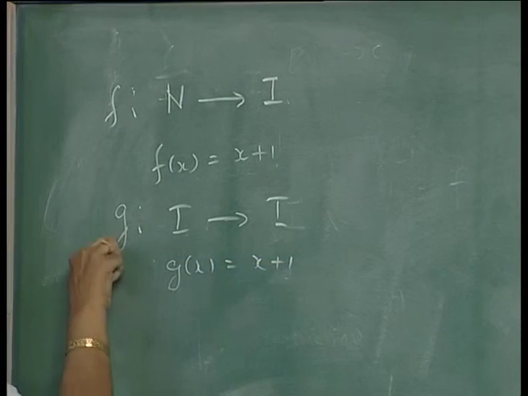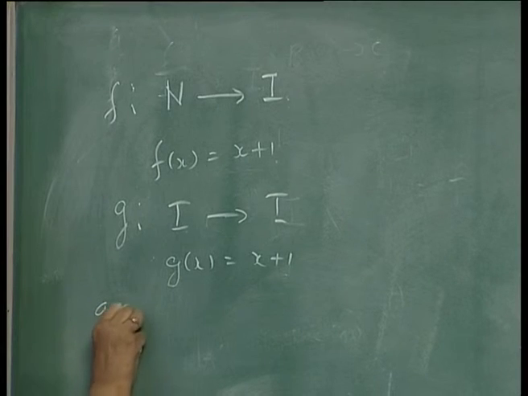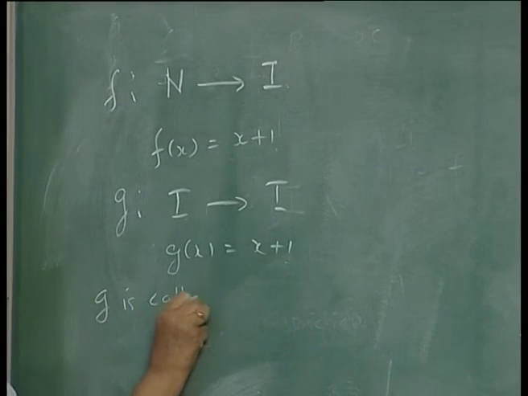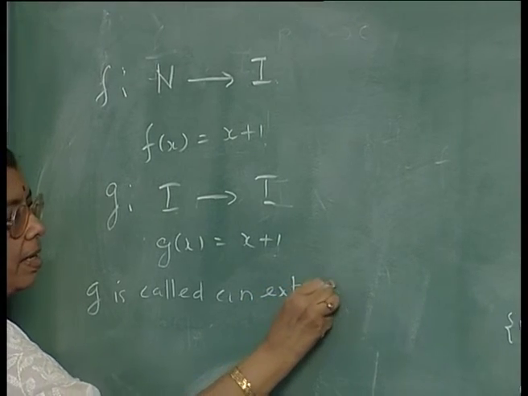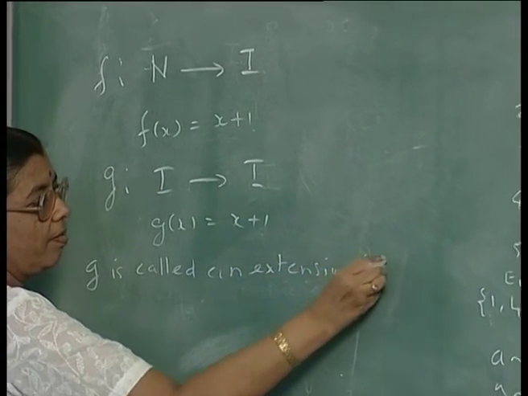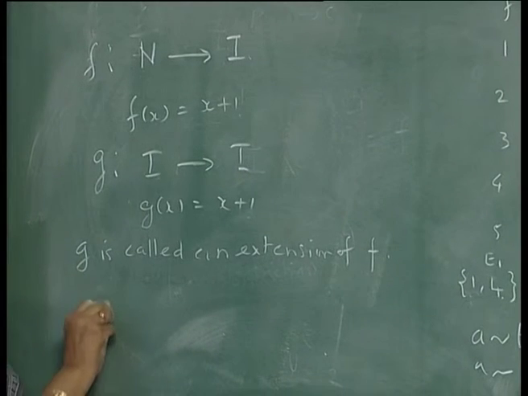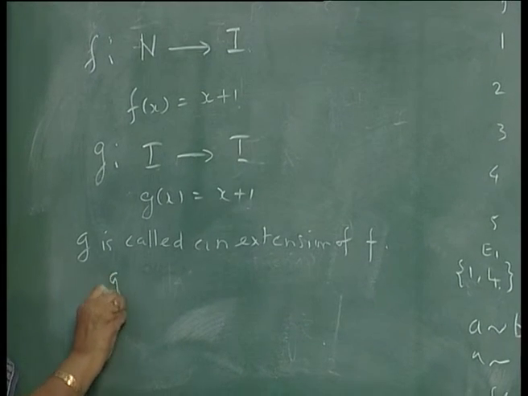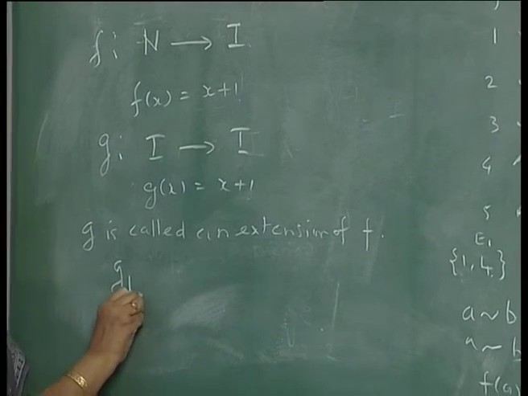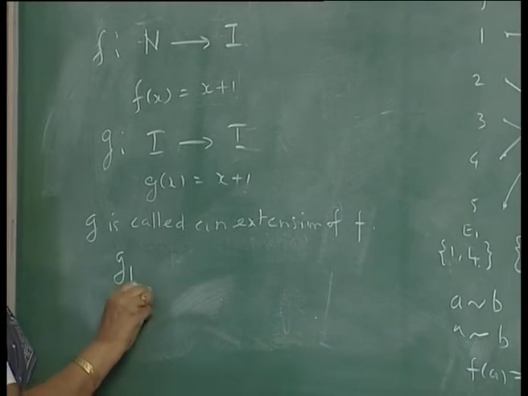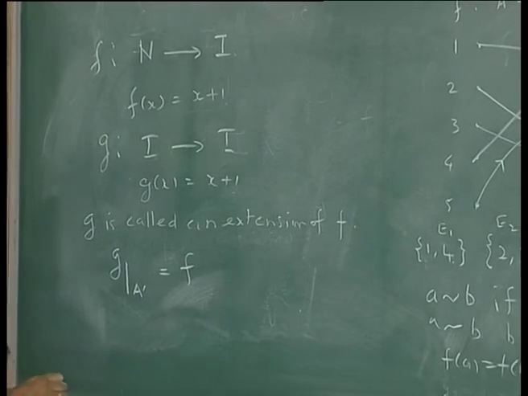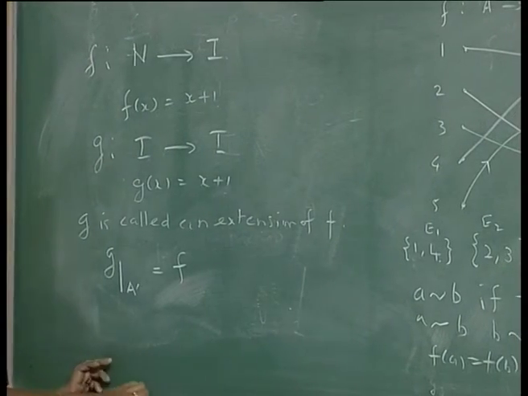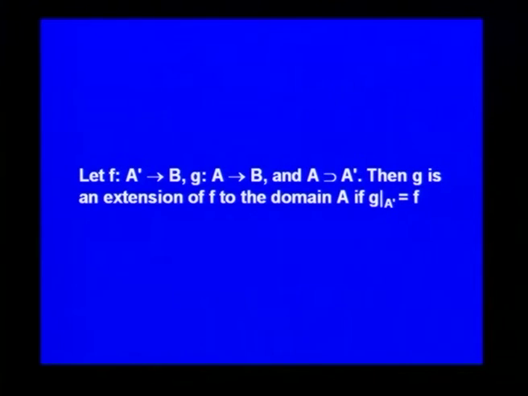Then G is called an extension of f, because G when you restrict it to the domain A dash, that is equal to f. If you look at finite sets, this extension can be defined in this manner.